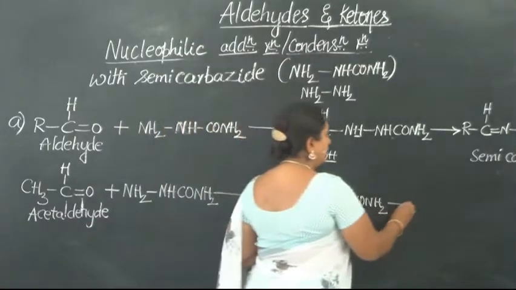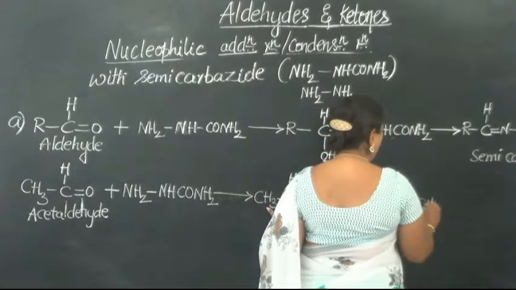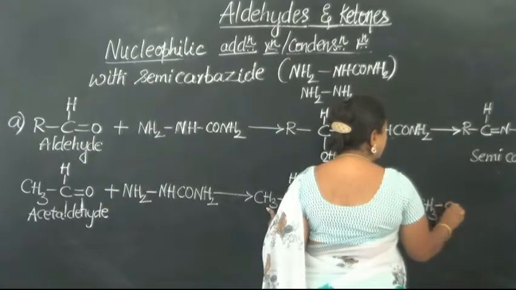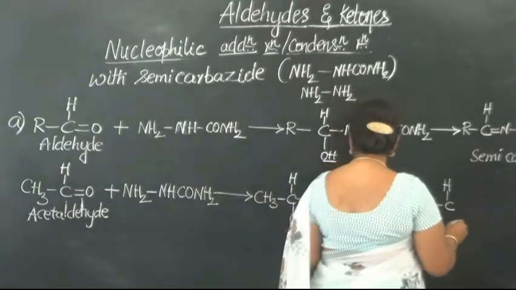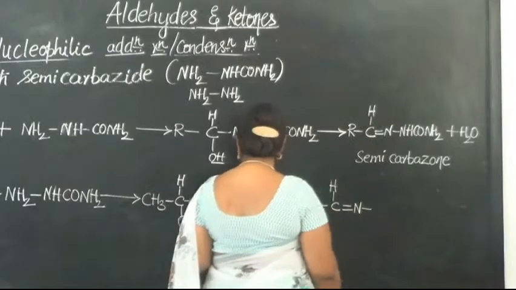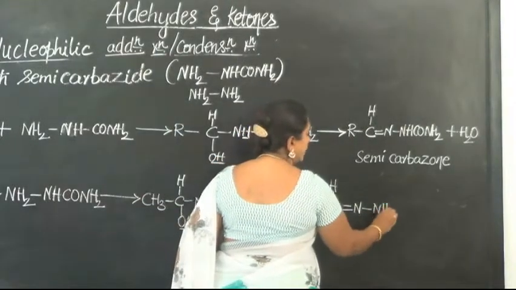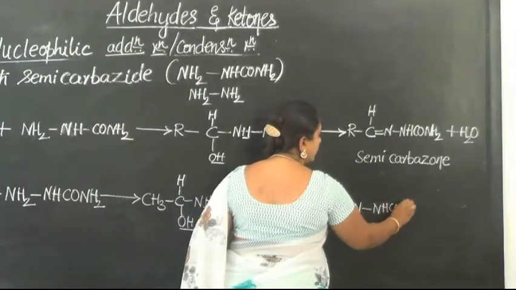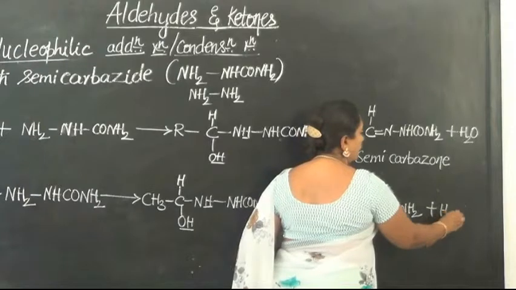forming the final product CH3, then C, above it is hydrogen. Now this OH and H go out. Therefore C and N are linked by a double bond. Then the remaining compound NHCONH2, along with H2O.